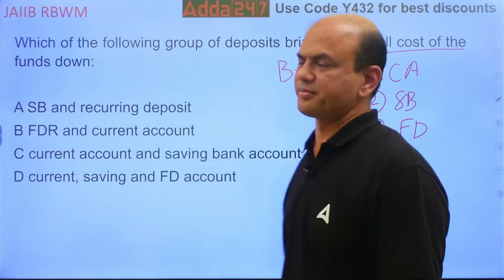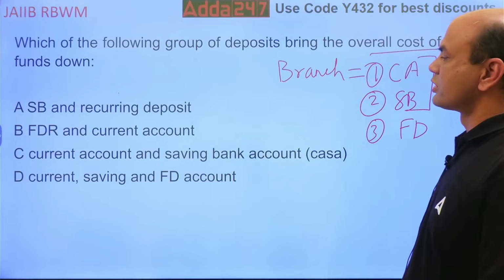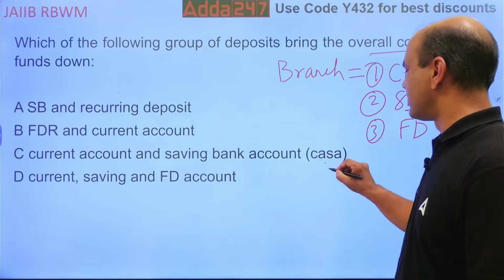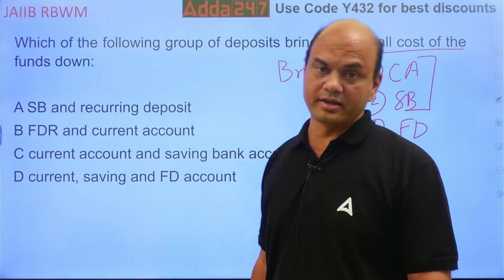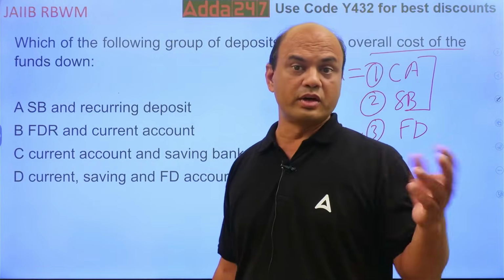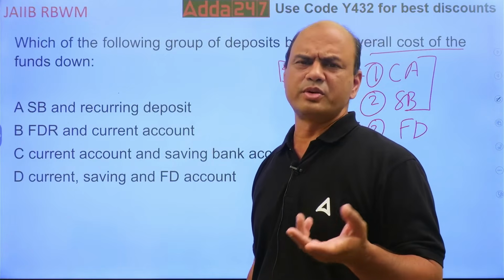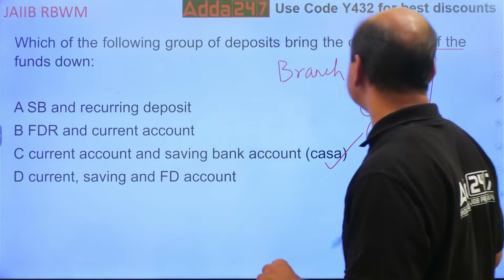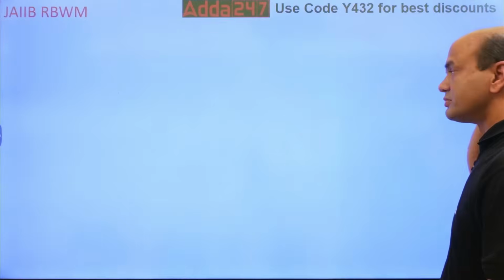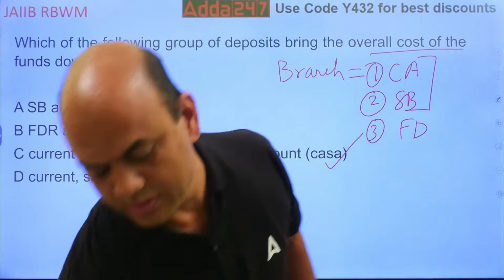So, we'll call this Kasa. Both these, current account and savings account, Kasa. This will bring the overall cost of the funds down for the bank. I told you earlier, you should have minimum how many? Roughly, it should be 35% minimum. Okay, Kasa. Got it? Everyone clear?